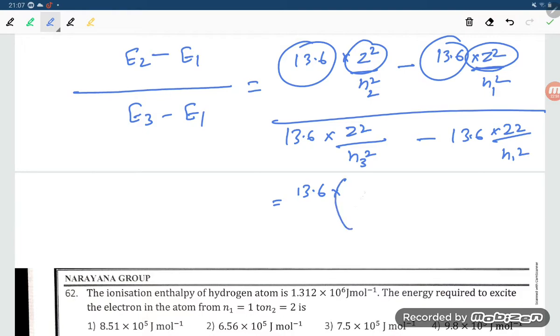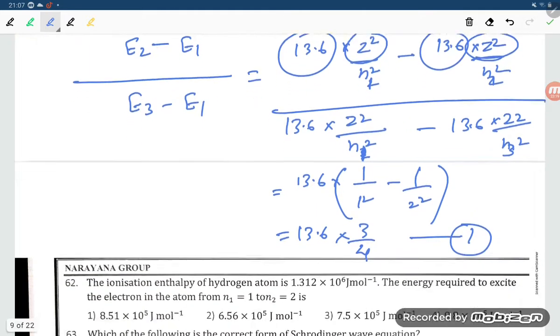In the bracket, 1 by n1 square minus 1 by n2 square, and 1 by n1 square minus 1 by n3 square. So that is 1 square minus 1 by 2 square, second orbit. So how much is coming, student? 13.6 into 3 by 4. This is what you got, that is E2 minus E1.